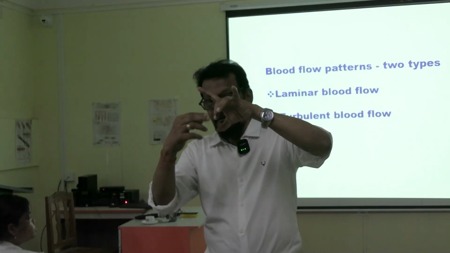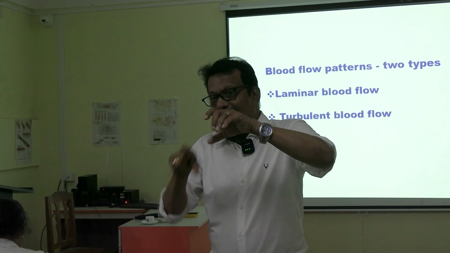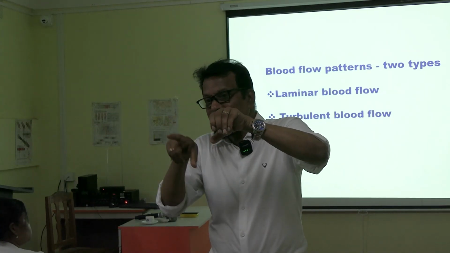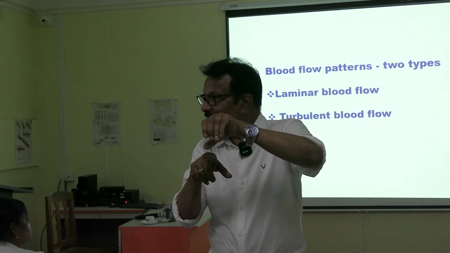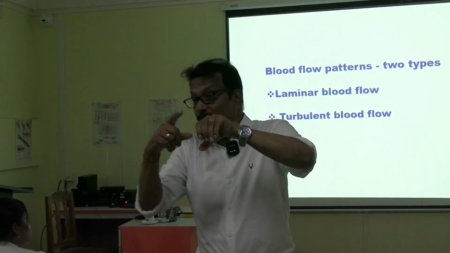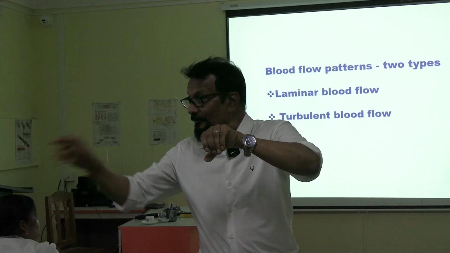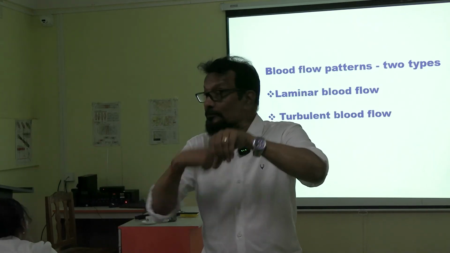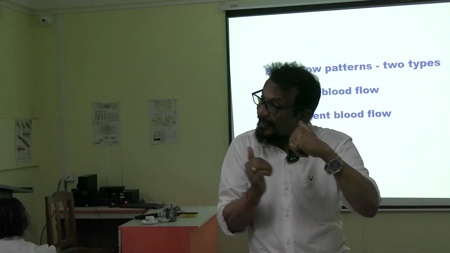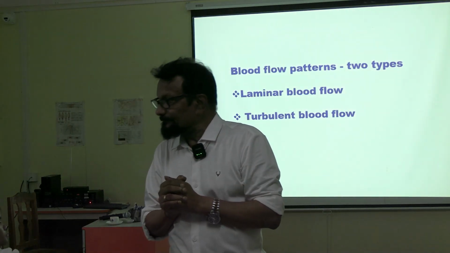Outer layer, then inner layer, multiple layers. And the flow is parabolic. The central layer is ahead of all the layers while flowing. But the outermost layers are lagging behind. Why are they lagging behind?